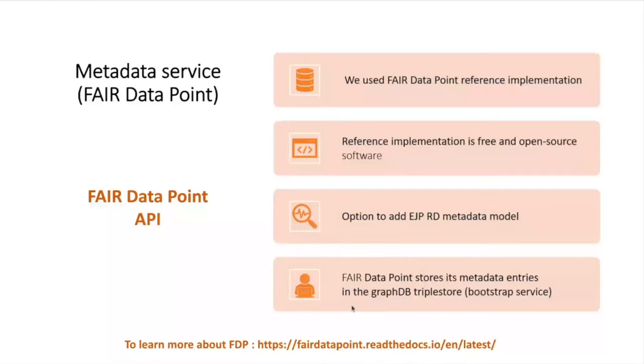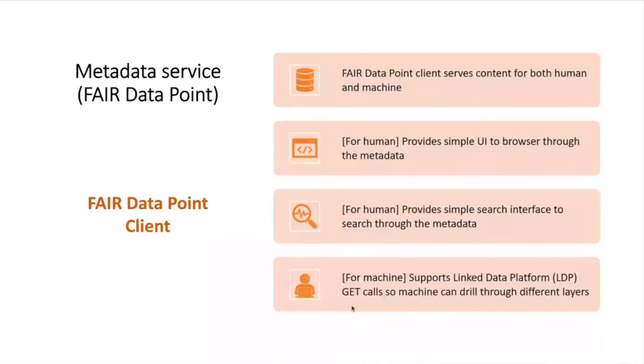In the metadata service, we're also providing Fair Data Point with a user interface. That user interface serves content for both human and machine agents who visit Fair Data Point. For humans, we have a simple user interface where users can browse through different layers of metadata. We also have a rudimentary search functionality in this user interface.